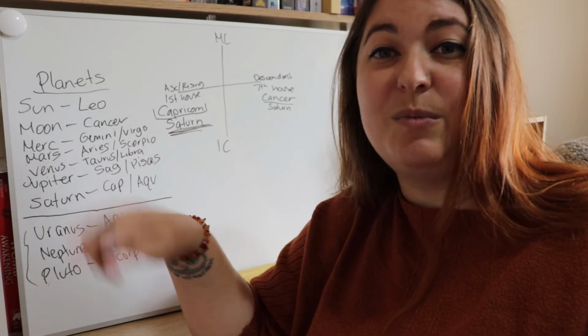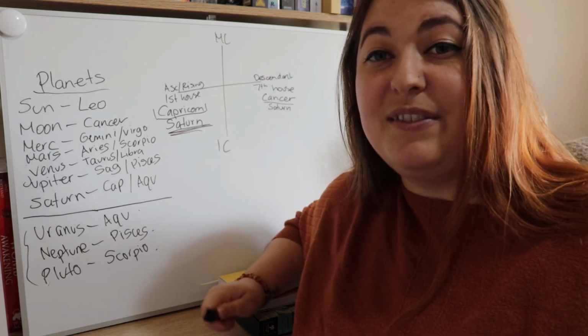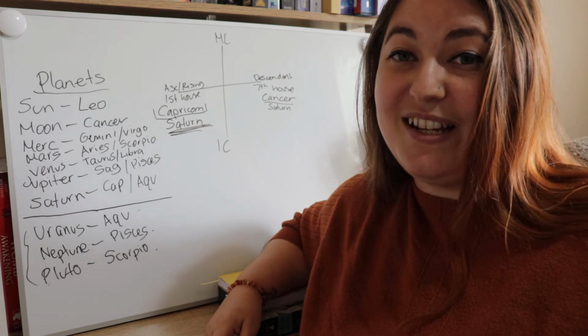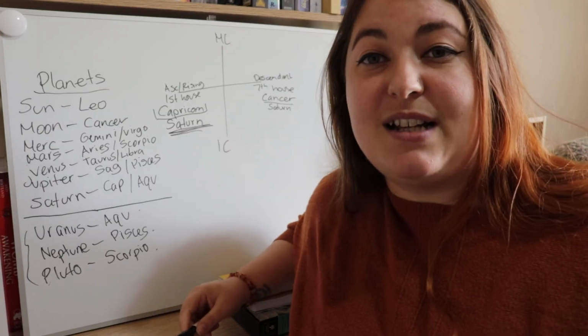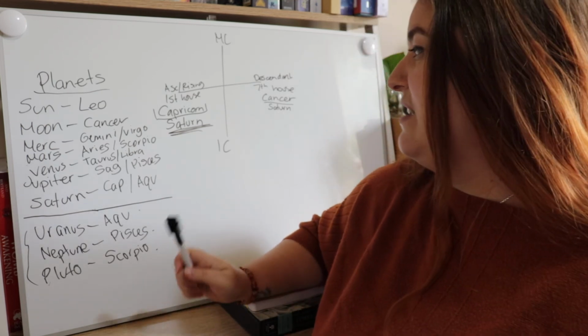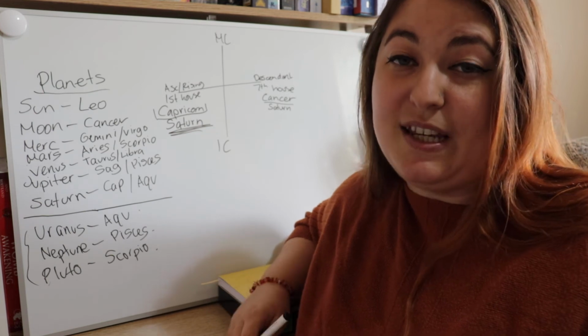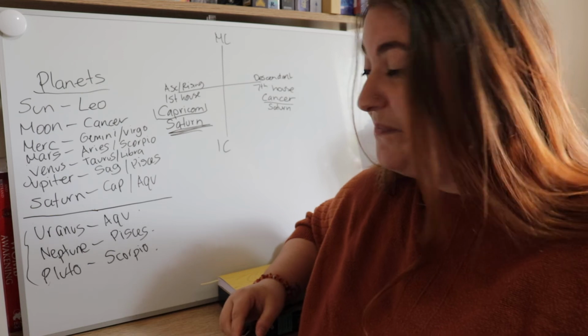I do explain it a little more on Patreon if you're interested. But I just wanted to do a quick little short video on understanding chart rulers. I hope this has made sense. Let me know if you have any questions down below regarding this energy, but this is the easiest way to understand what the chart ruler is in your astrological chart and why it's so important.